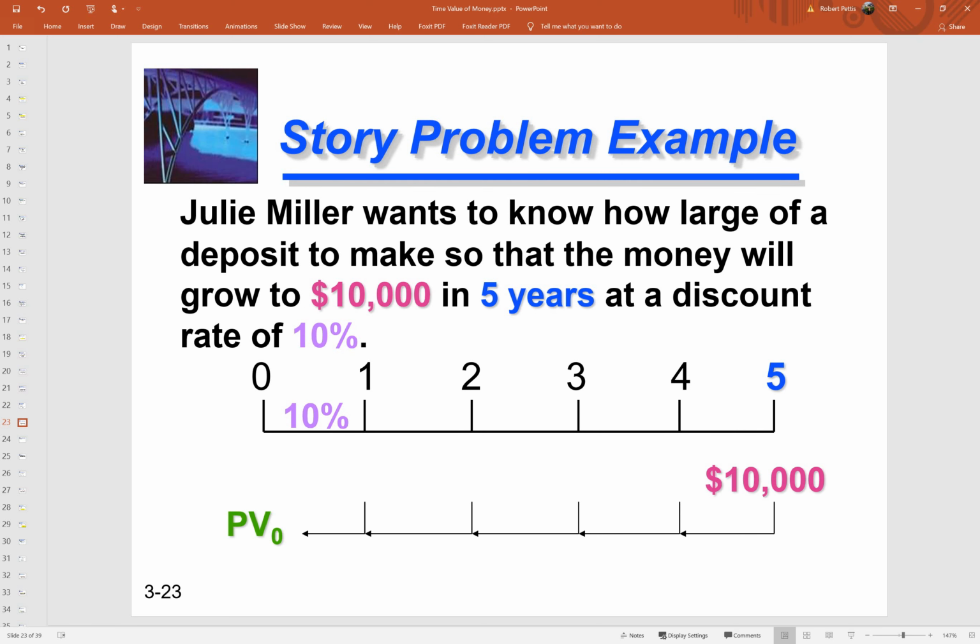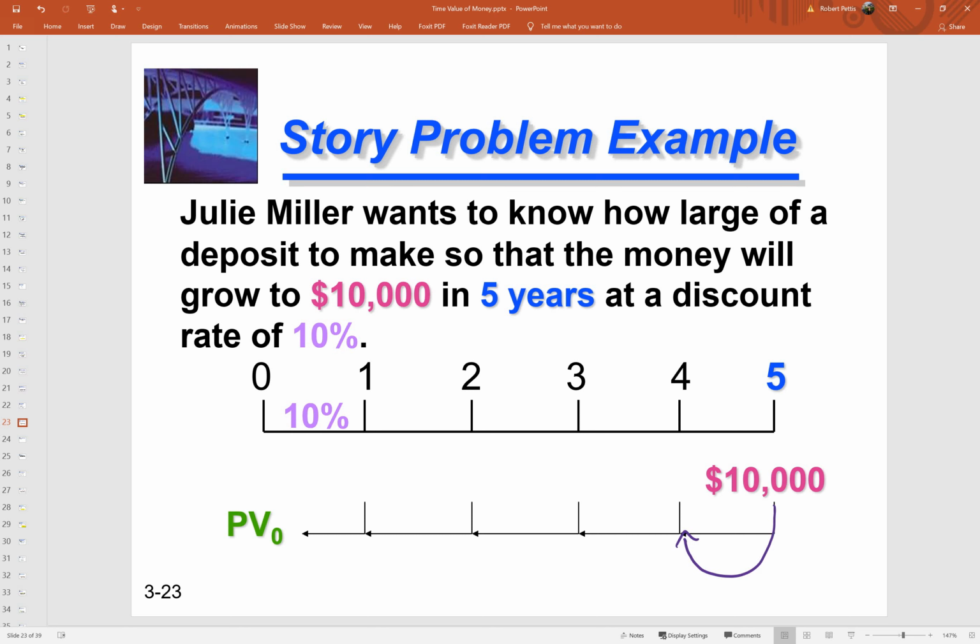Okay, so let's do an example here. So we've got our Julie Miller person again. She wants to know how much of a deposit she has to make now, such that her future value will be $10,000 in 5 years if there's an interest rate of 10%. Okay, so in other words, we've got this $10,000 in year 5.